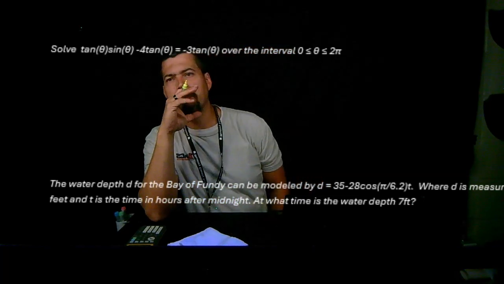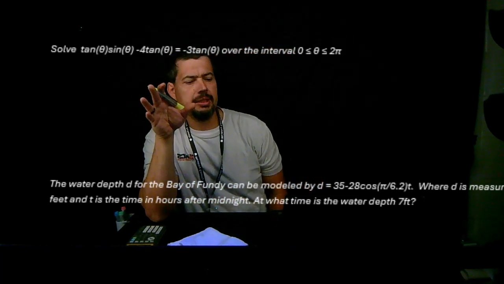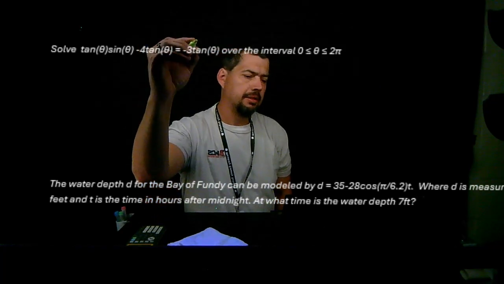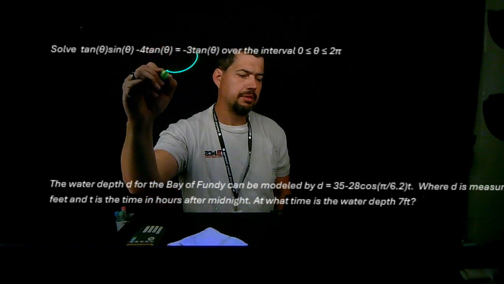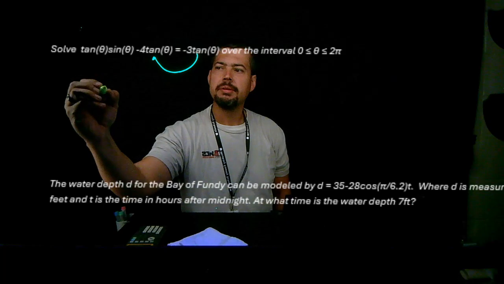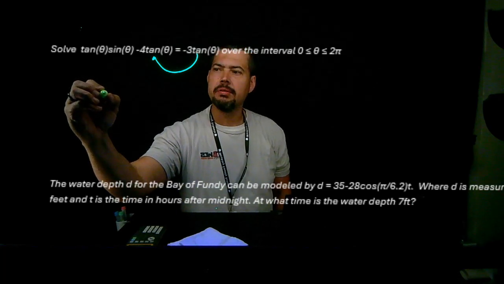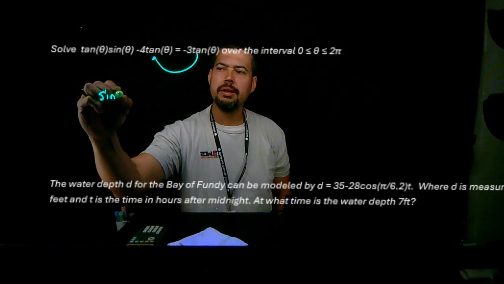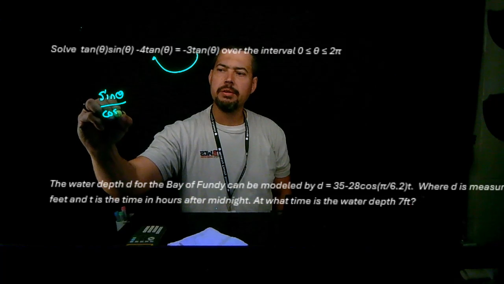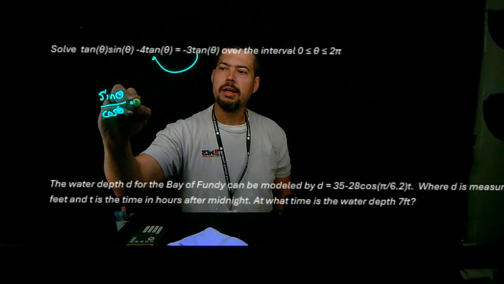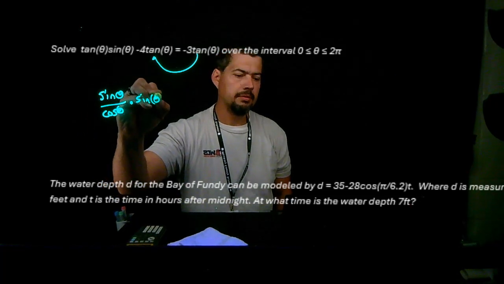All right, so tangent, I believe, is sine over cosine. And let's do the easy thing first. Let's get this thing set equal to 0. Let's add that to both sides. And I am going to write tangent as sine over cosine. So sine of theta over cosine of theta times the sine of theta.